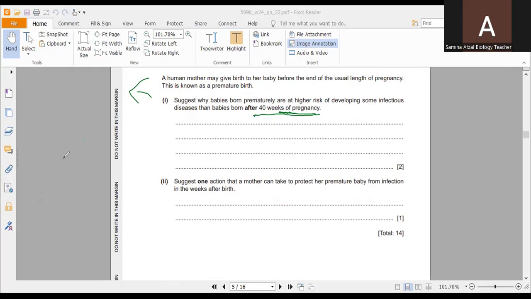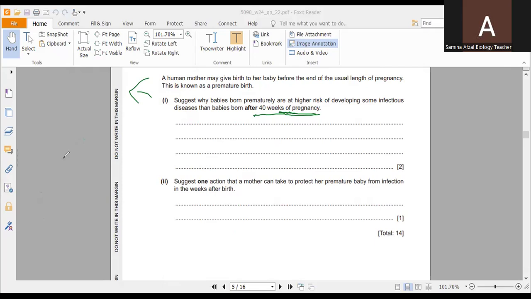But when they are born prematurely, before completing their pregnancy time of 40 weeks, they are at risk of infections. These infections can even kill them, or they can have different types of diseases in their body.